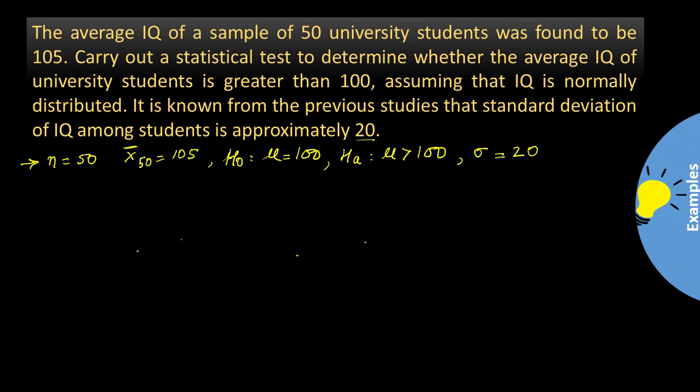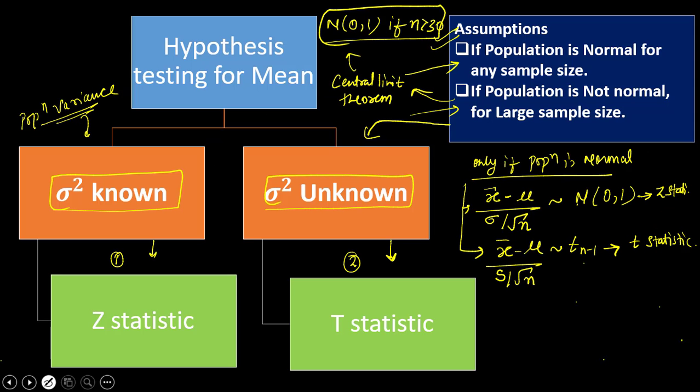Now we are required to perform the hypothesis testing. Coming back to the previous slides, can you tell me which of the test statistics we are going to use in the example? Here we have to perform hypothesis testing for mean IQ, and as the population variance, or standard deviation, is given in the question, sigma square is known.